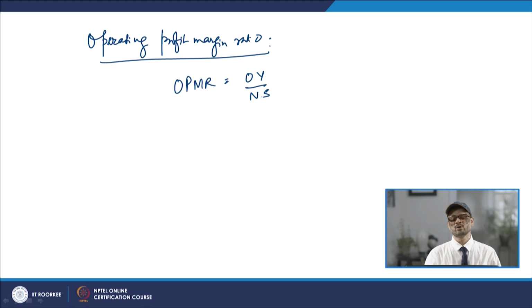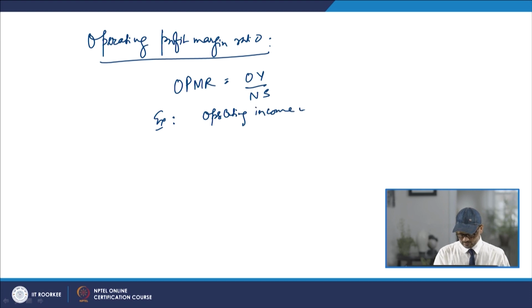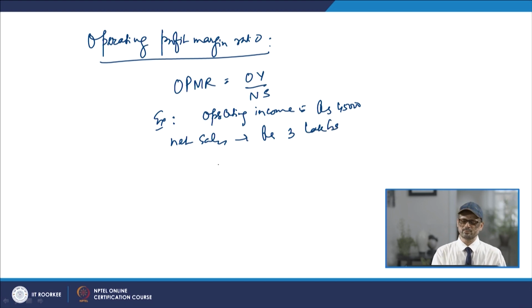For example, if operating income is rupees 45,000 and net sales is rupees 3 lakhs, then the operating profit margin ratio will be computed as 45,000 divided by 3 lakhs.